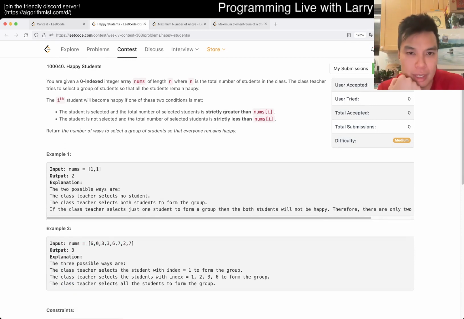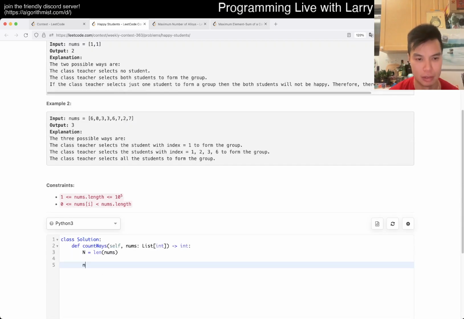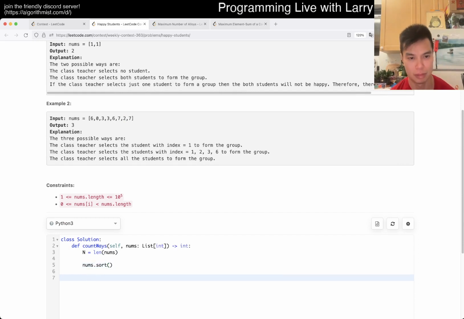It's probably just sliding windows, right? 1, 2, 3, and 6. They're just sorting then.